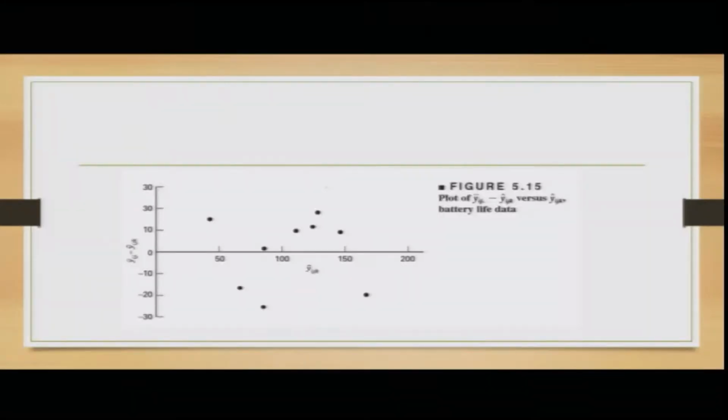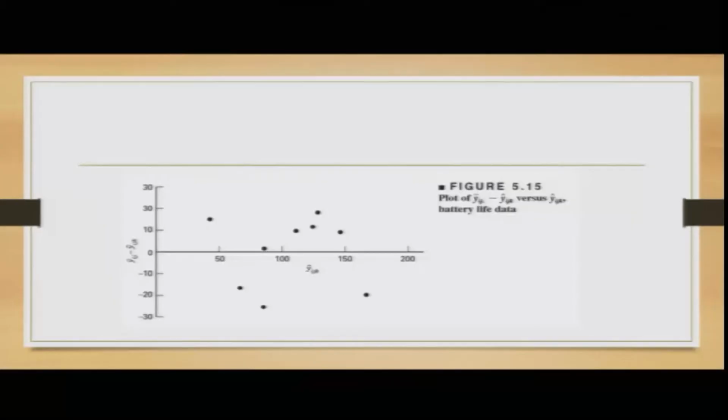So, if I plot these values of y bar ij dot minus y hat ijk, that means I am taking any cell value ij and summing up for all the n values, minus the estimated values.